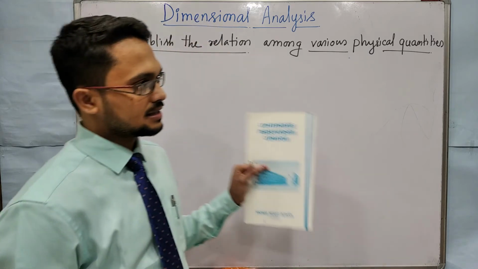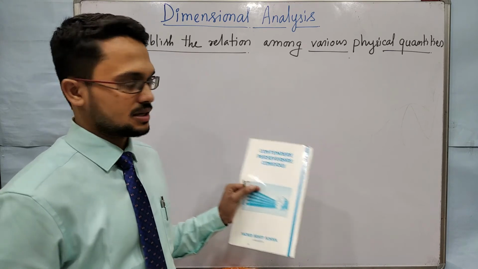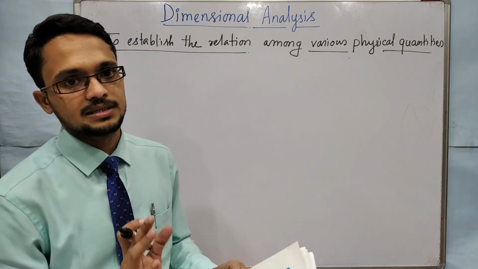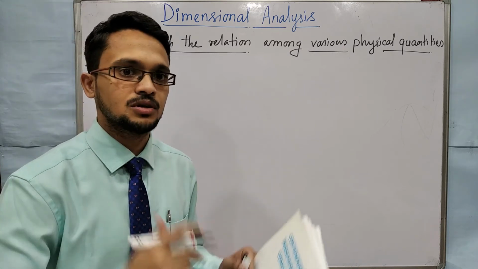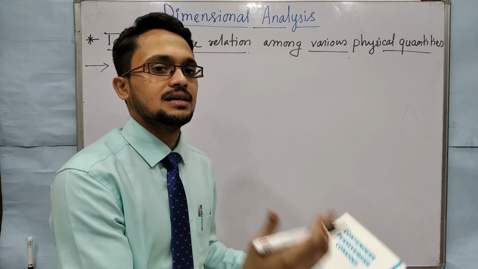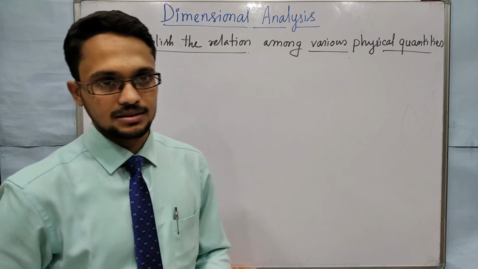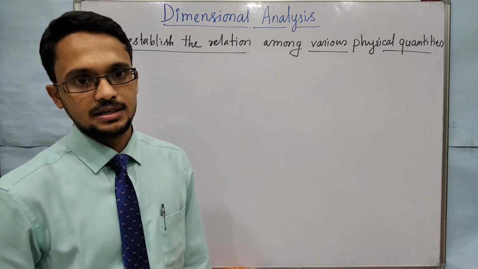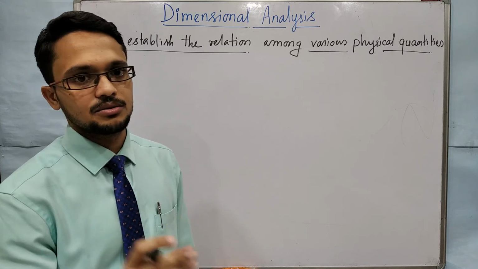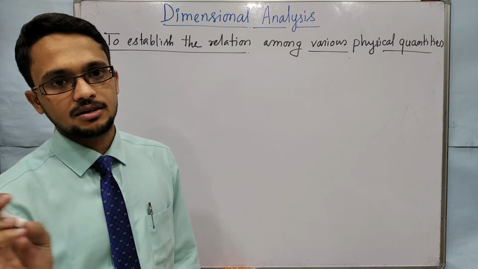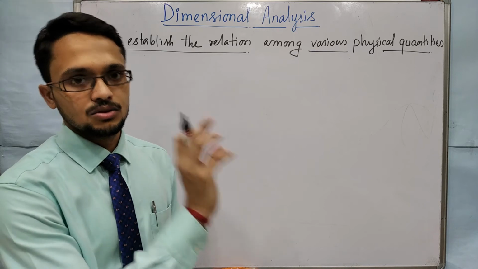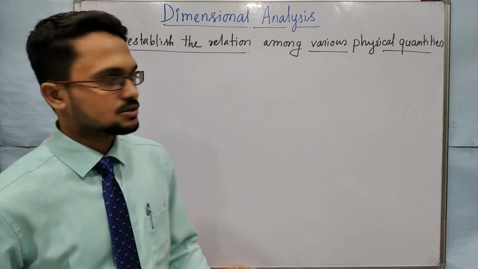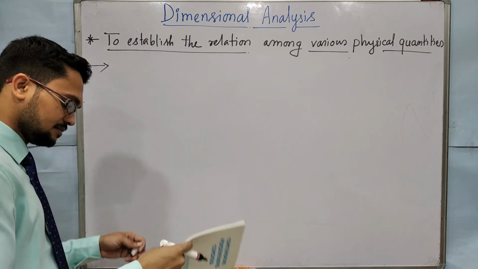In this type of problem the basic physical quantities will be given. Suppose force, mass, time are the basic physical quantities. Then find the dimension of any other quantity. That means we have to find the dimension of that quantity by using those basic quantities given in the question. So I am writing one question, then you will understand.